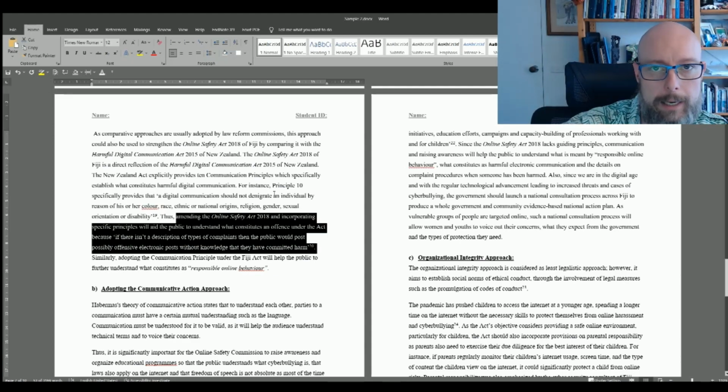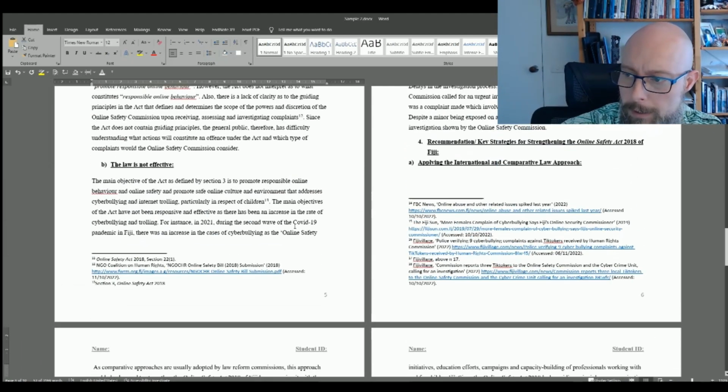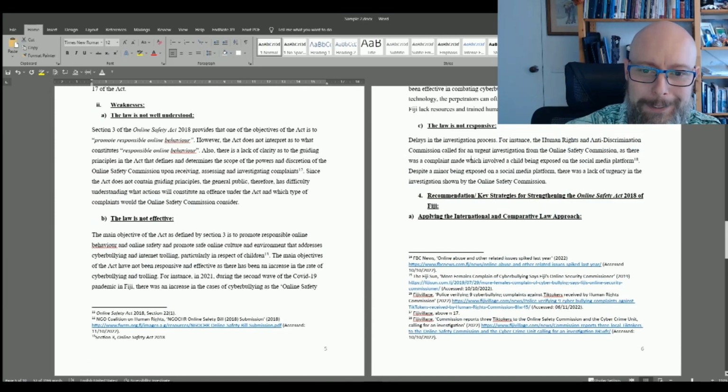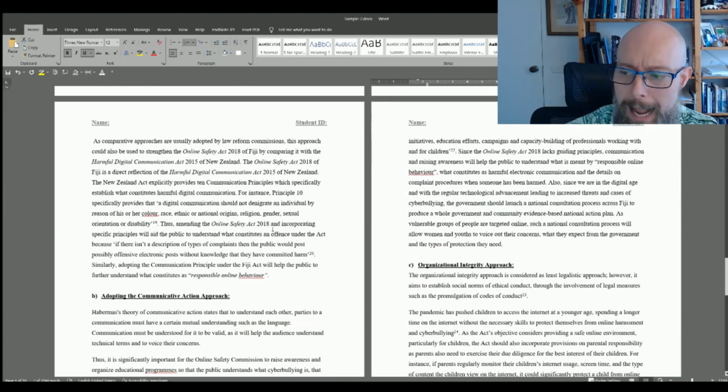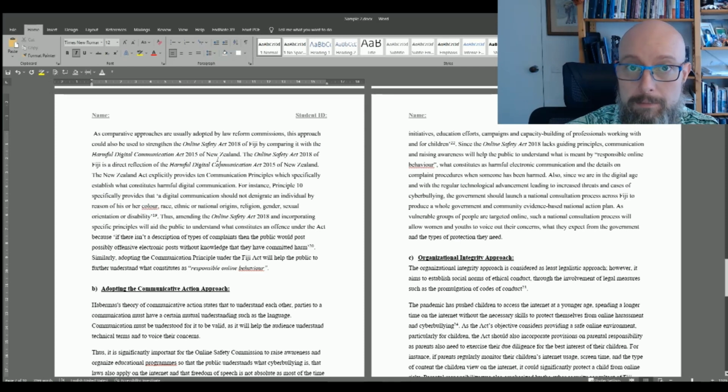But what I'm not seeing is, well, okay, so if we do this, does that make the law effective? Or does that make the law better understood? If the problem is that it's not understood and it's not effective and it's not responsive, how does this recommendation make it better in any of those senses?